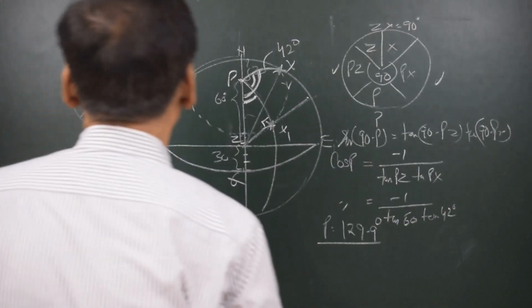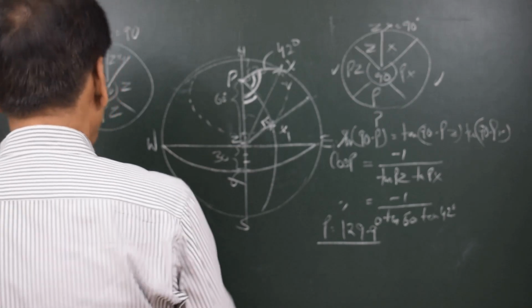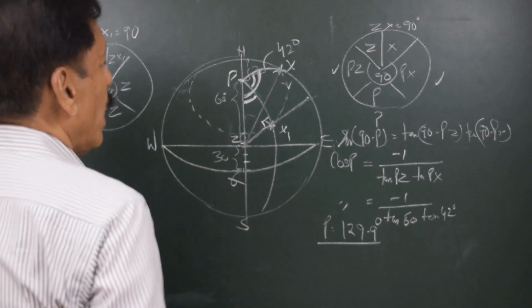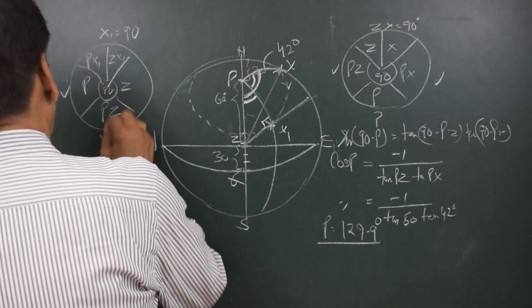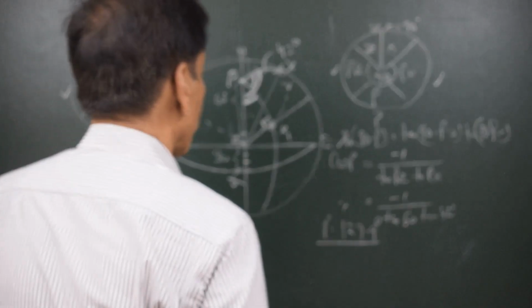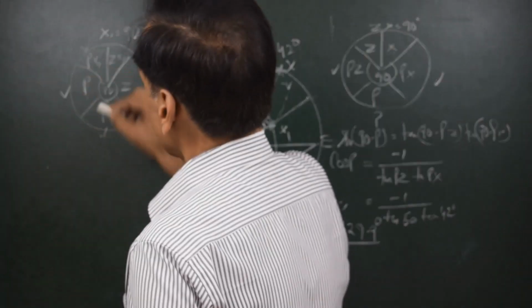Now here we have angle x as 90, so there is no question of introducing a negative sign. Once again we want to find out angle P, and the sides that are known to us are once again Pz and Px, right? So we have these three parts which are clustered together.